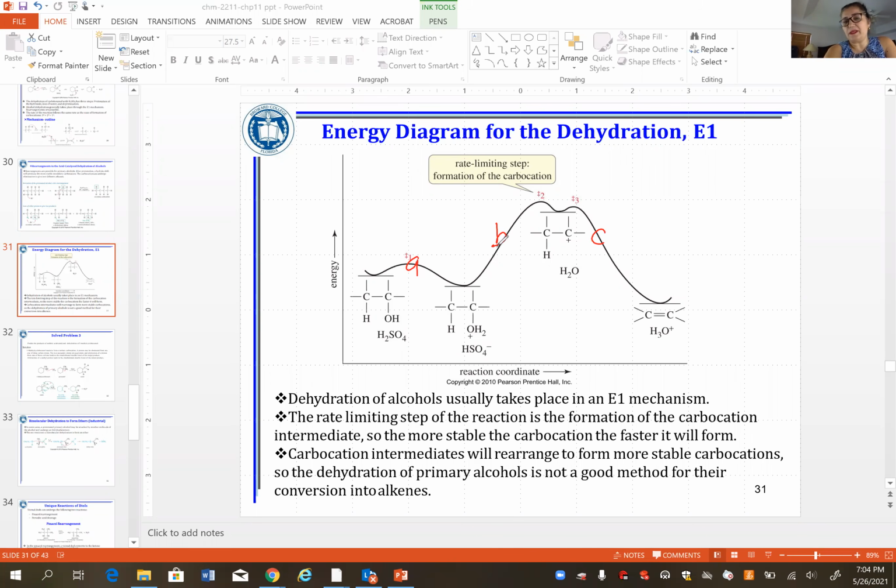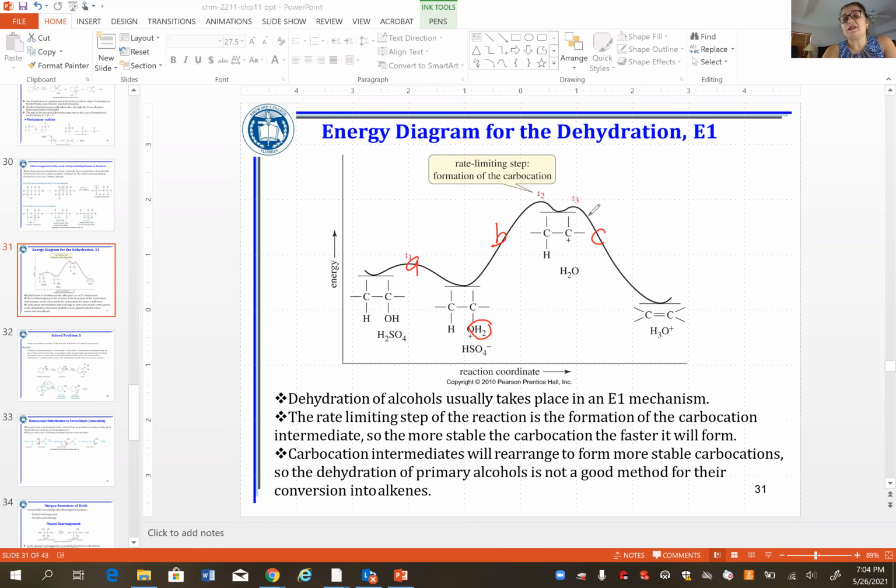Step 2, or B, is formation of carbocation. Basically, after you protonate OH, it changes to H2O, which is water, and it is going to leave and change to a carbocation. So you do have a carbocation intermediate.